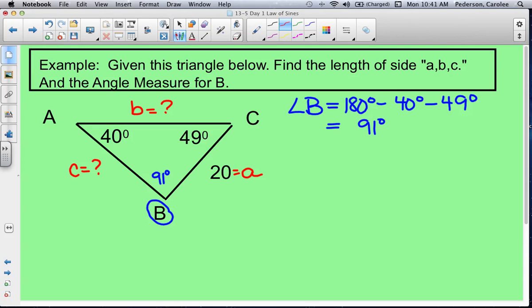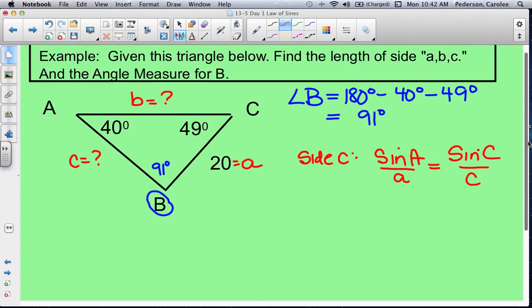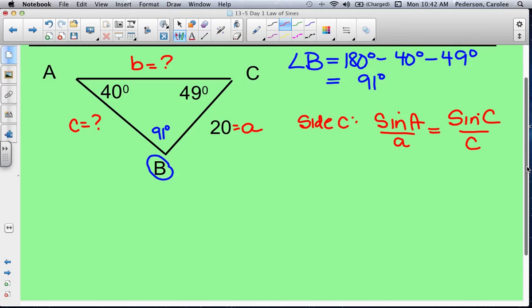So let's go ahead and find side C first. Side C, we set up an equation, say the sine of A over A equals the sine of C over C. And then we substitute in the pieces that we know. The angle A is 40 degrees.